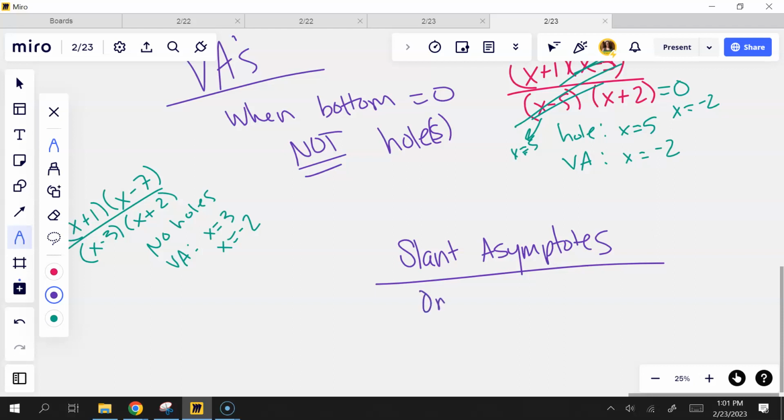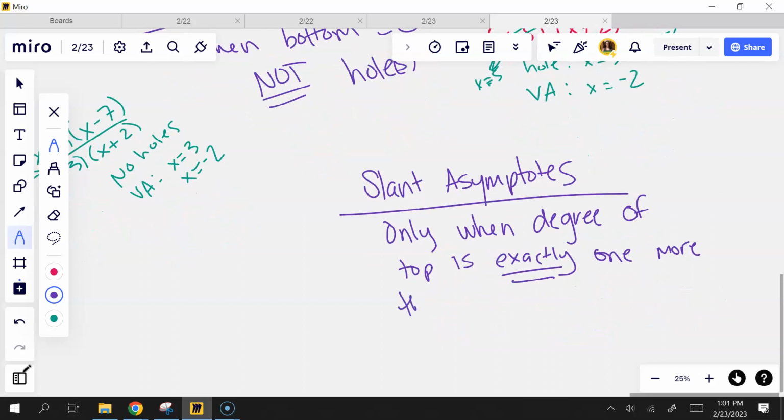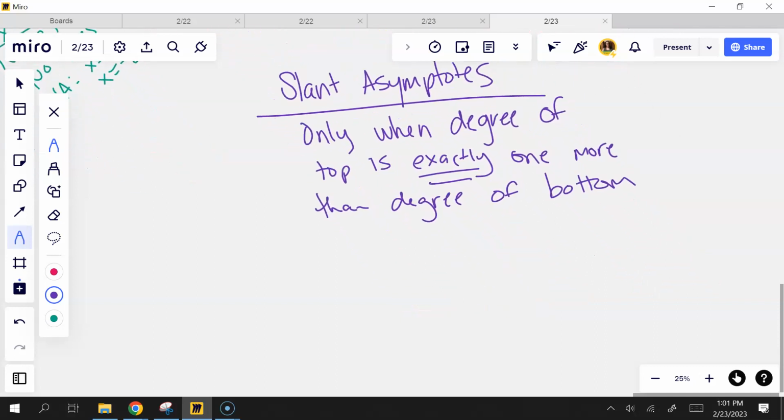It happens only when the degree of the top is exactly 1 more than the degree of the bottom. But because I had something that canceled out, it's not going to work to do this.